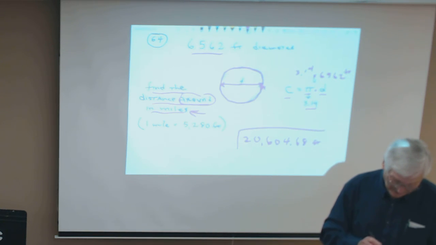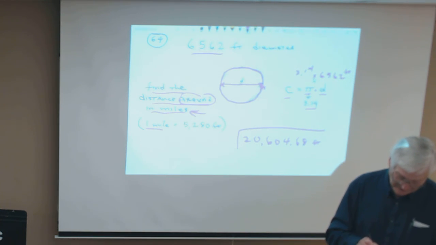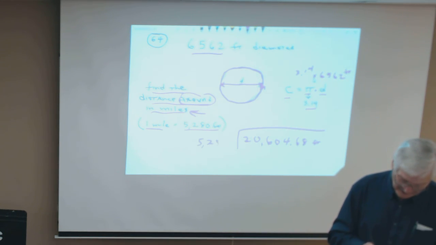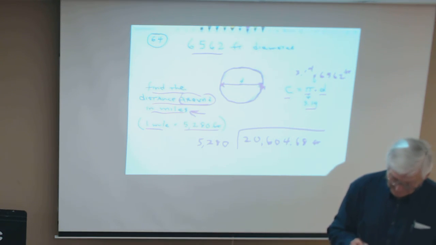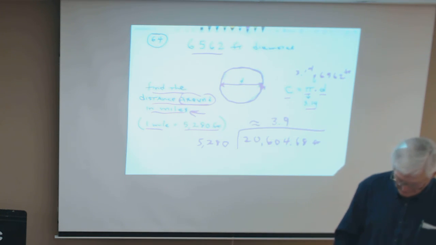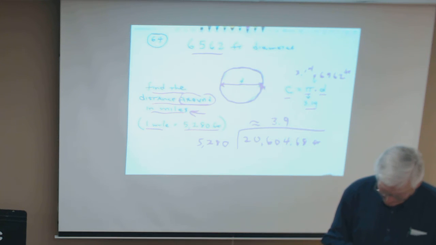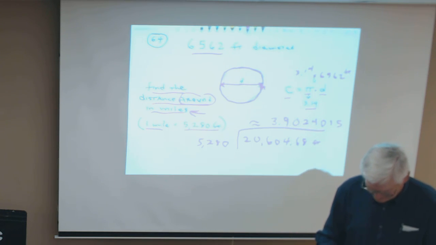Divide this number by what? 1 mile is 5,280, so divide this by 5,280. So I take this number and hit divide by 5,280 equals 3.9 approximately. 3.9024015 is what my screen says.